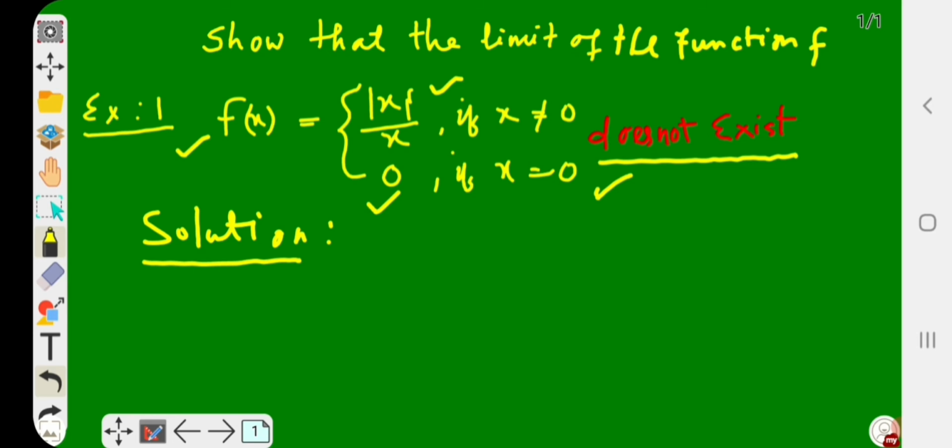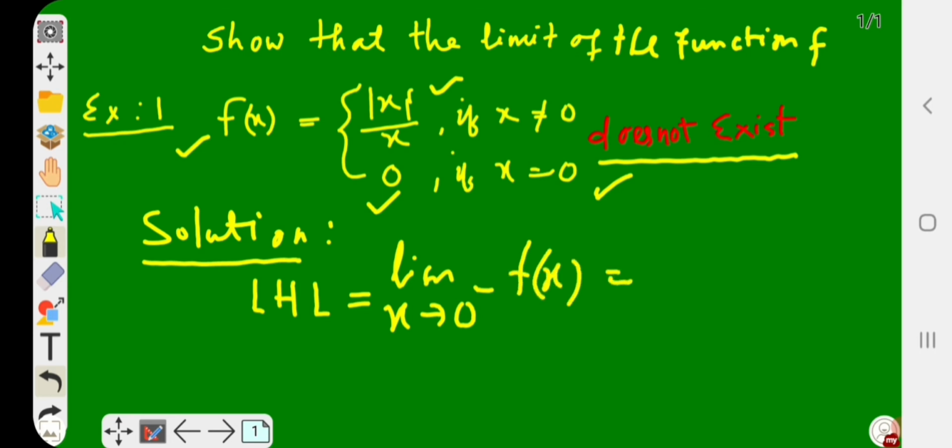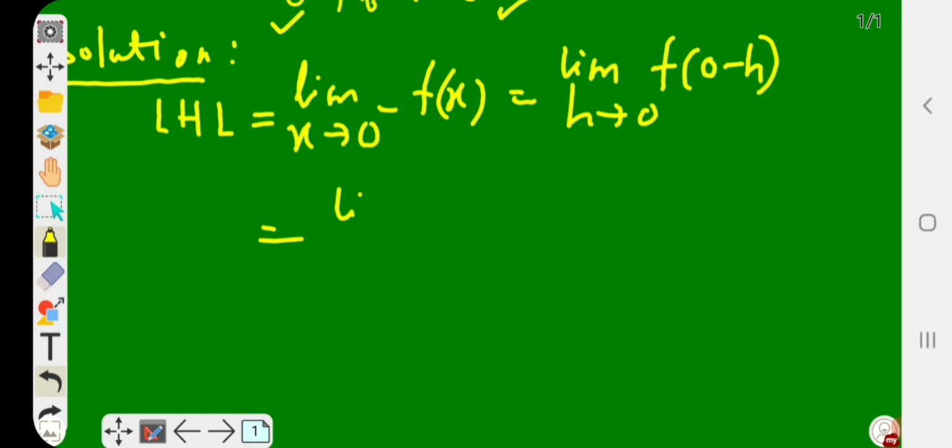So the left hand limit: limit x tends to 0 from the left hand side is equal to, we can write, limit h tends to 0 f of 0 minus h. Then limit h tends to 0 f of minus h.